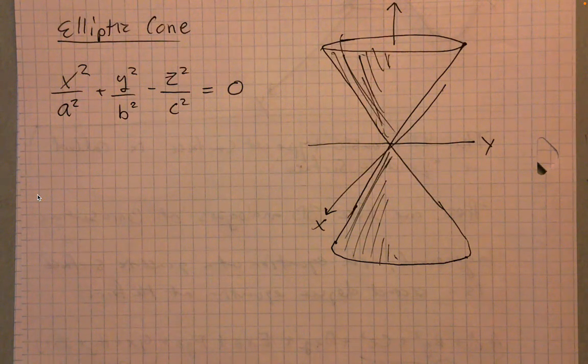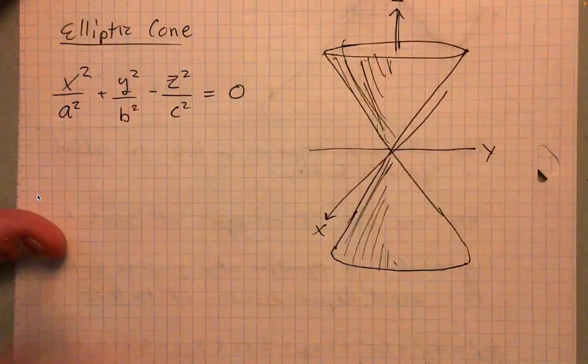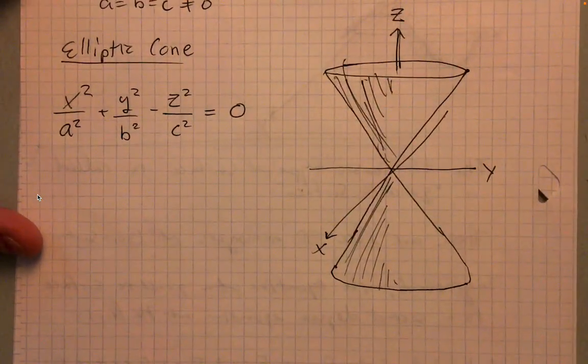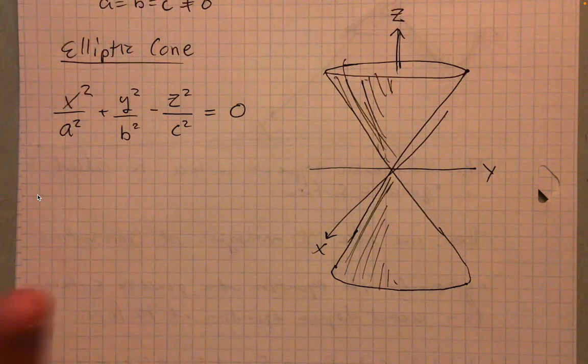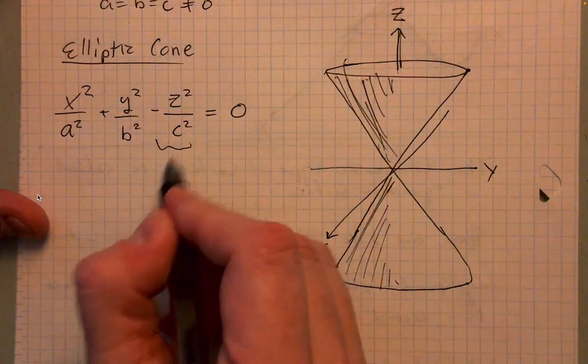Now, something important to note here is that the axis of symmetry, this z-axis in this case, is mostly just referred to as the axis of the cone. It's not the axis of symmetry necessarily, although there is symmetry here. The axis is going to correspond to the variable whose coefficient is negative. So here you see the negative is here.